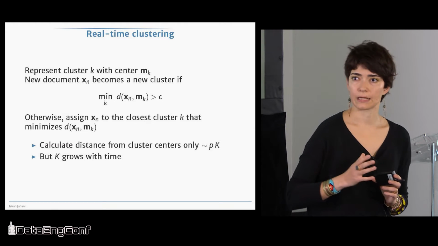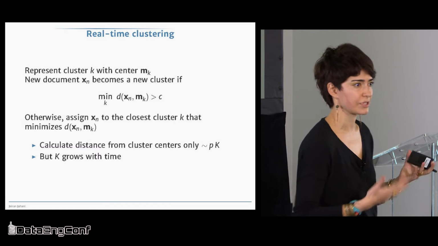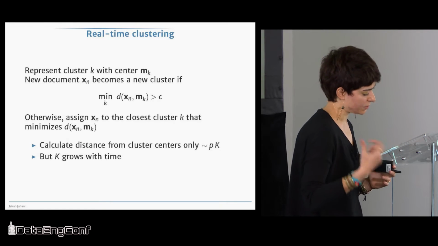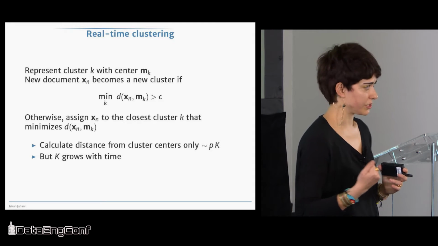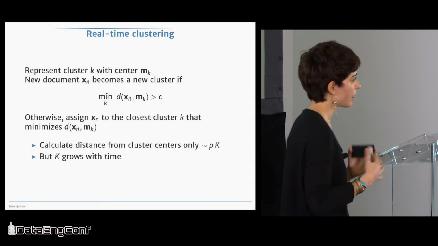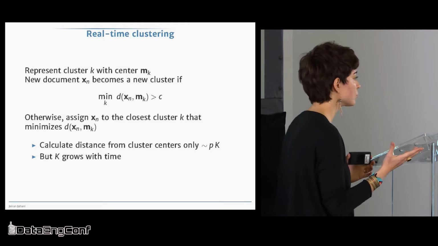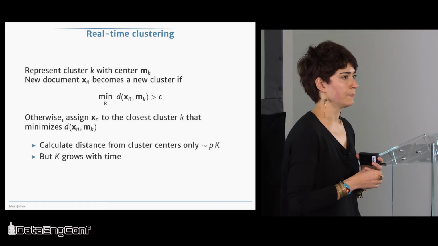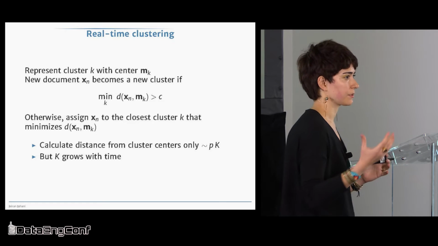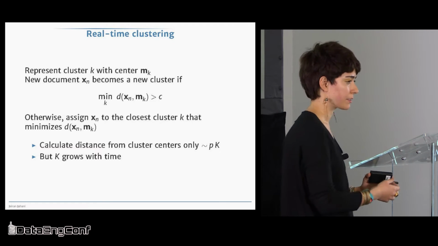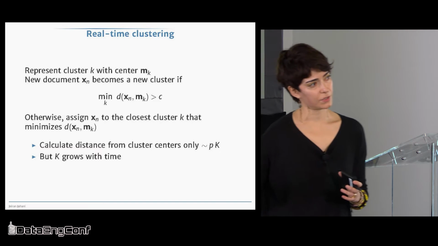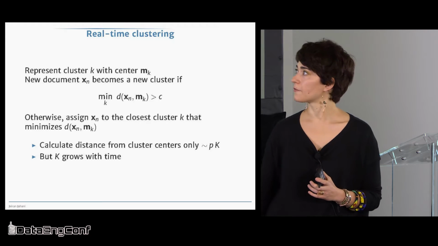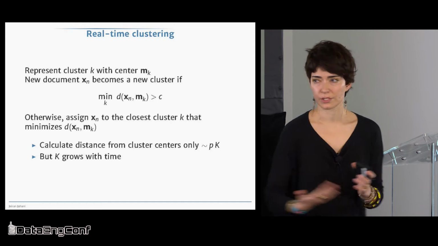And let's say you have to allow creation of new clusters. If the distance of my new document to the closest cluster center is higher than a certain threshold that you have to tune, depending on the granularity of the clusters that you want, this new document becomes the first article in a new news cluster. If not, you join it to the closest cluster center.